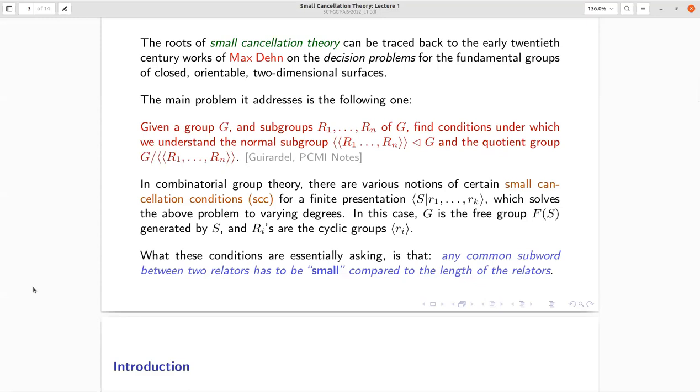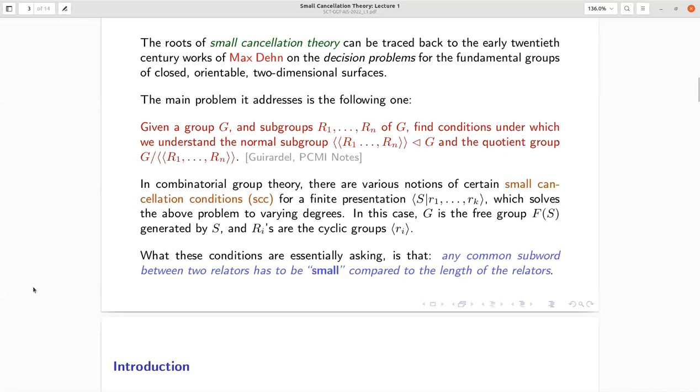The other aim is to understand the quotient group, the quotient of G by the normal closure of these subgroups.